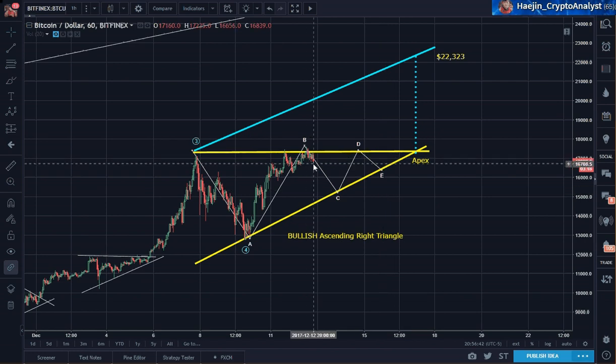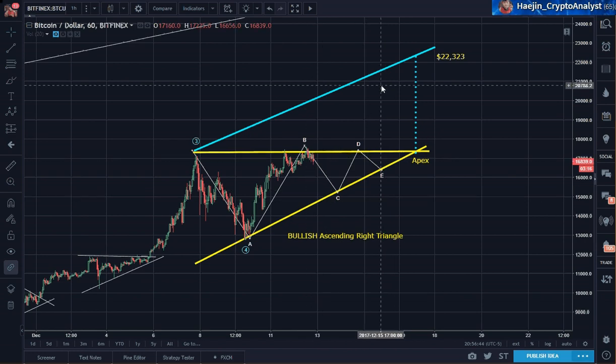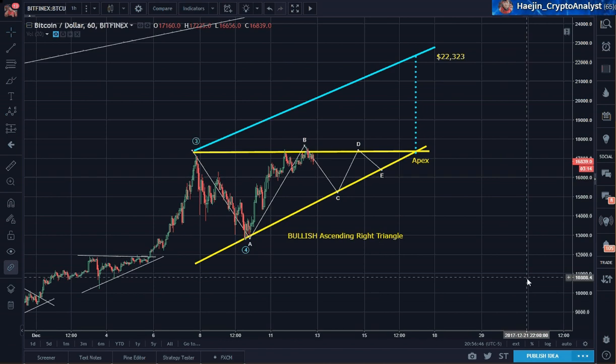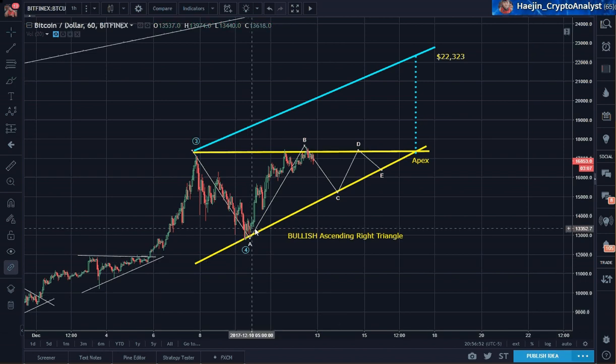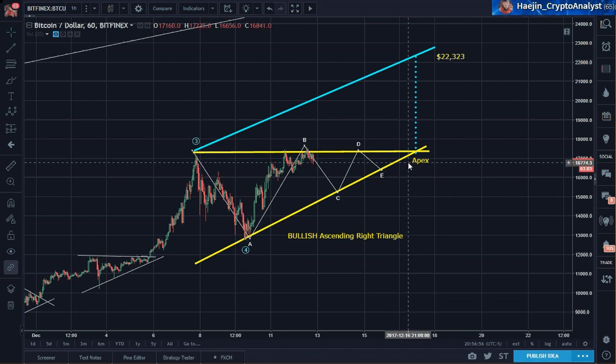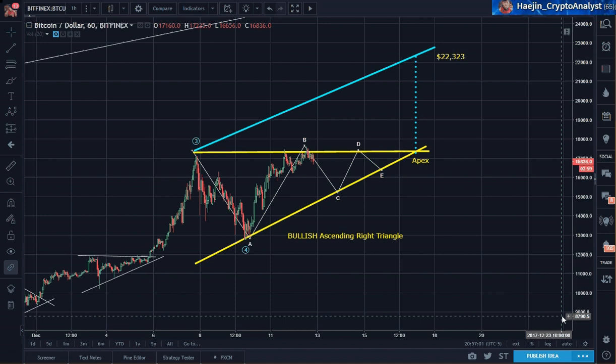Meanwhile, I think the altcoins are going to be screaming up. I believe the altcoins will be surging while Bitcoin puts in its double bullish ascending right triangle. So that's what happens for the overnight price action.